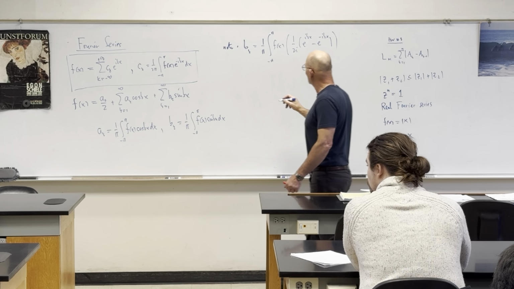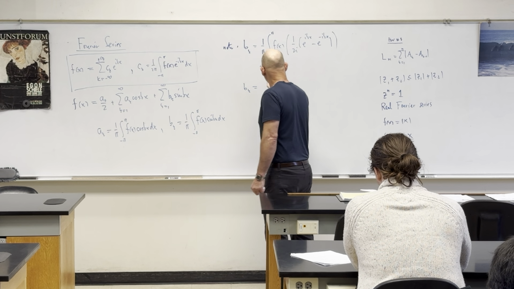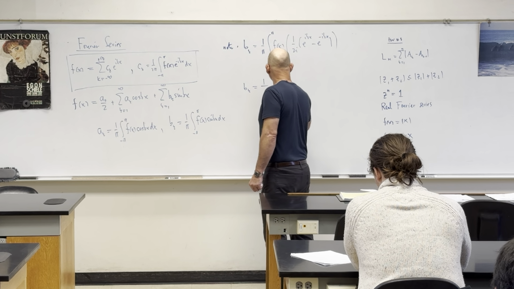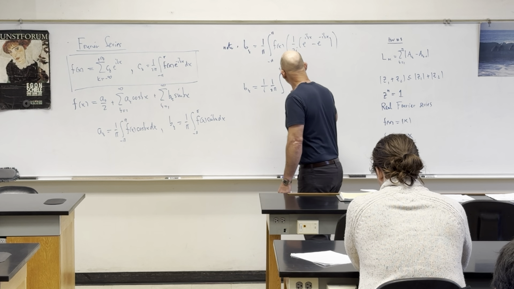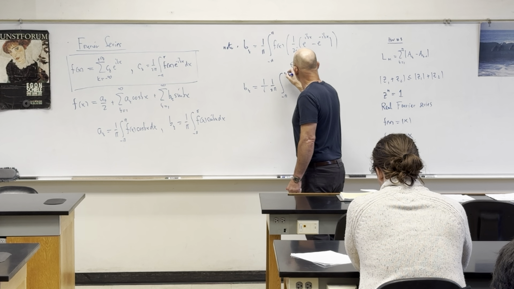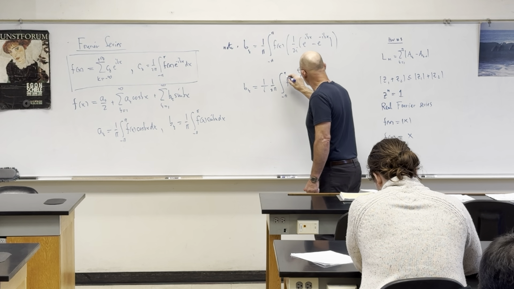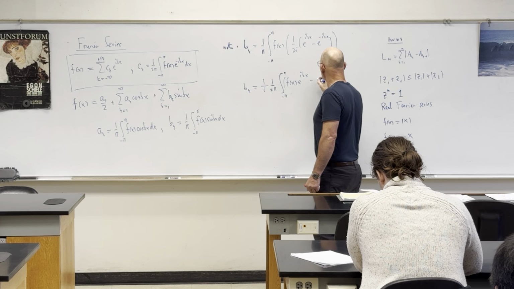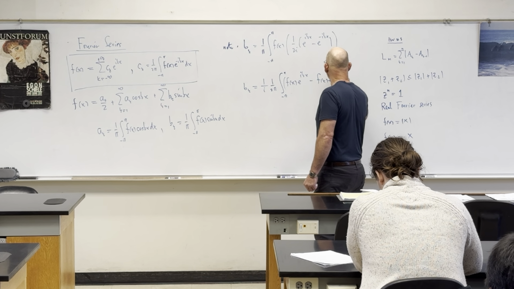And so b sub k, I'm just going to factor out the i here for the moment. I've got 1 over 2 pi, the integral from minus pi to pi of f of x e to the ikx minus f of x e to the minus ikx.